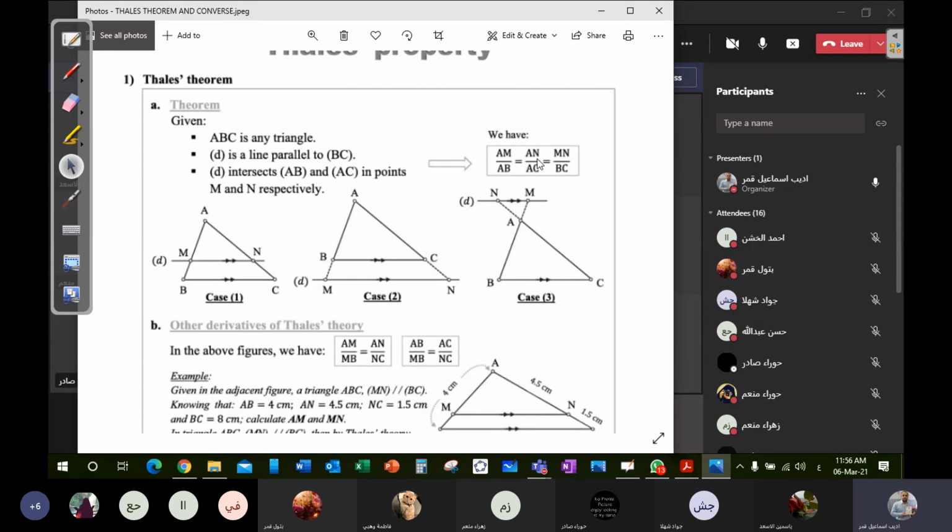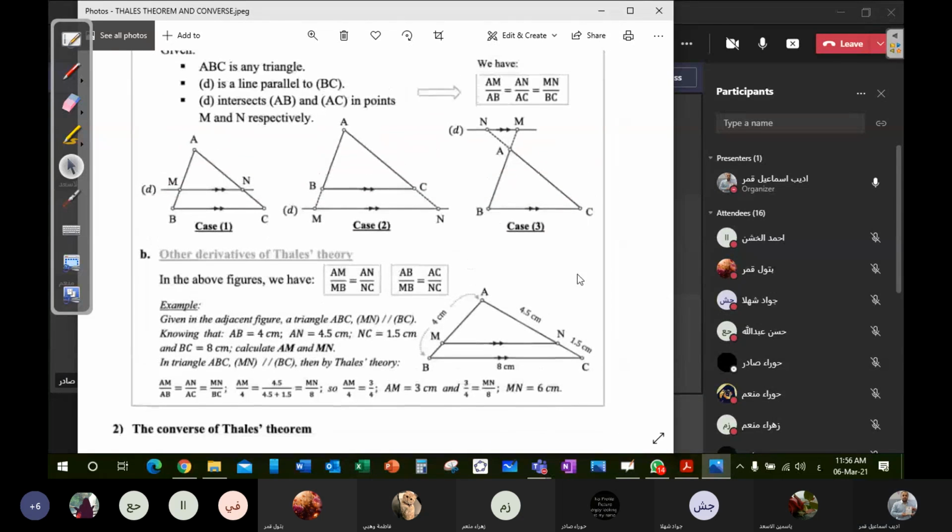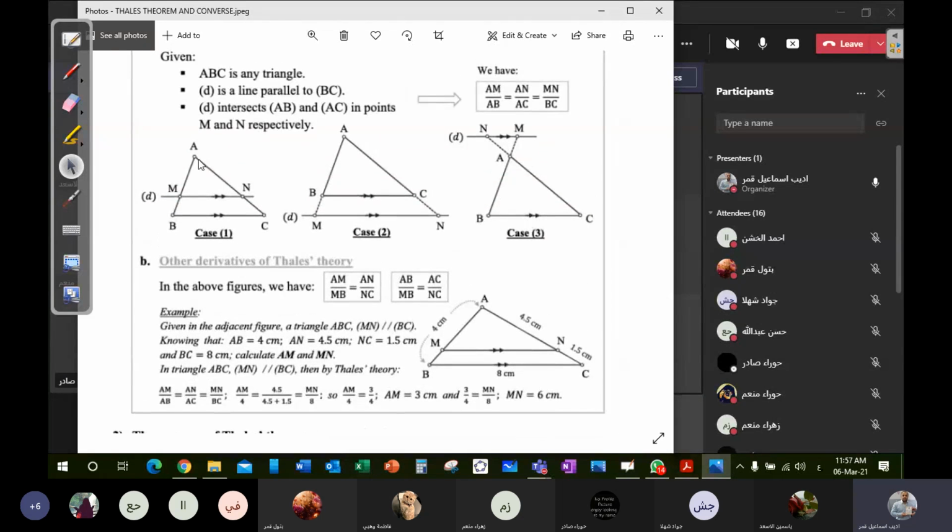We may permute these ratios in the 3 cases, to write the reciprocal of each one. We may say AB over AM equal AC over AN equal BC over MN. As you know also, Thales theorem has derivatives, like saying here, for example, AM over MB equal AN over NC, or AB over MB equal AC over NC.